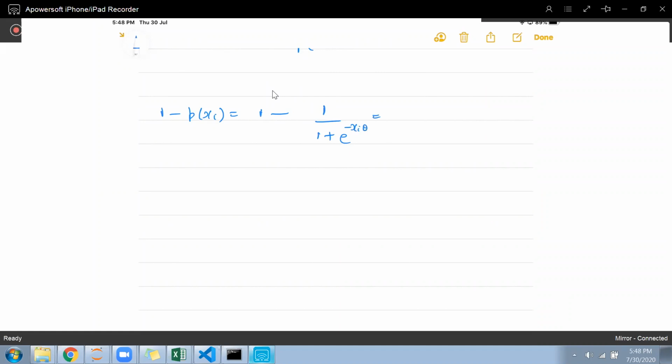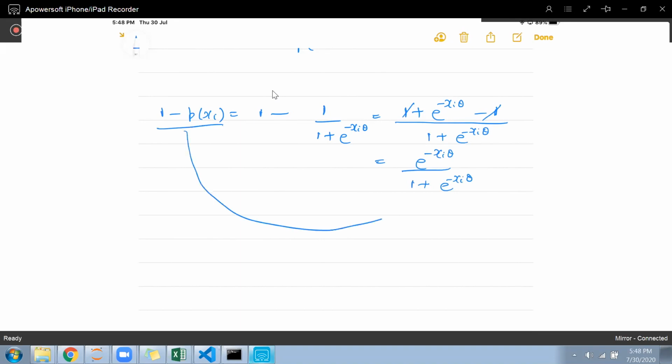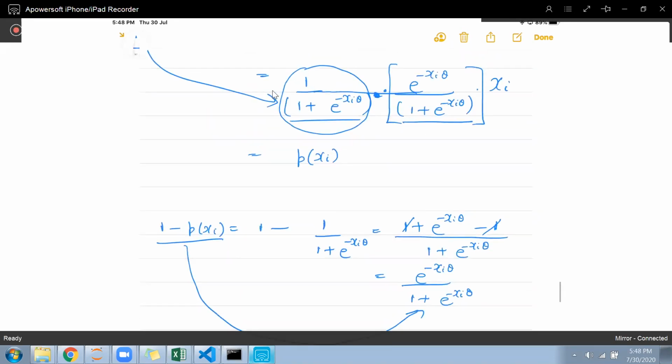I'll take the denominator common. So it will become 1 plus e raised to the power minus xi theta minus 1, whole upon 1 plus e raised to the power minus xi theta. So 1 and minus 1 will get cancelled. So this will become e raised to the power minus xi theta upon 1 plus e raised to the power minus xi theta. Correct? So 1 minus p of xi will become this. And this is the same term that we have over here.